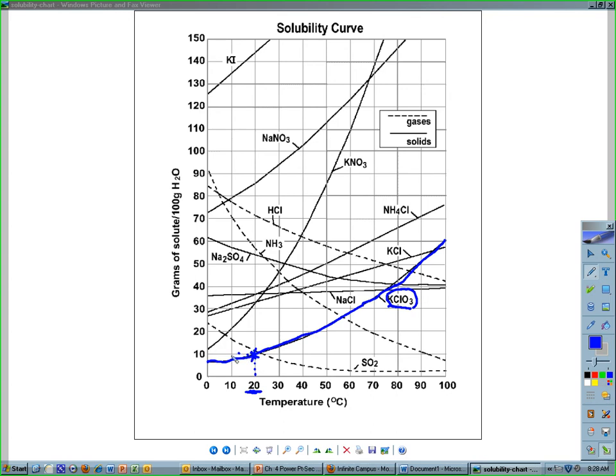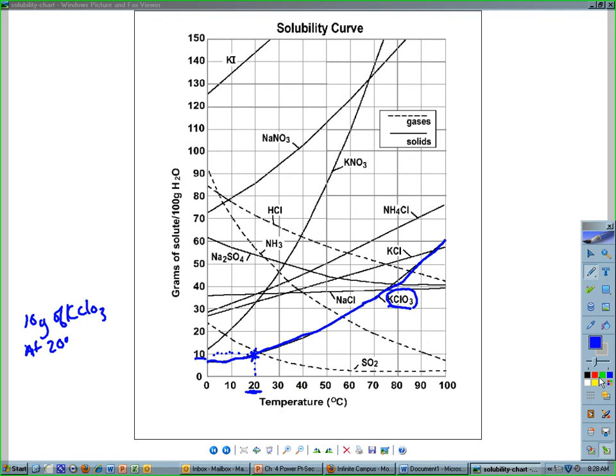And then you go over from 20 degrees until you get grams. So in this case, it would be 10 grams of potassium chlorate at 20 degrees. Does this make sense?